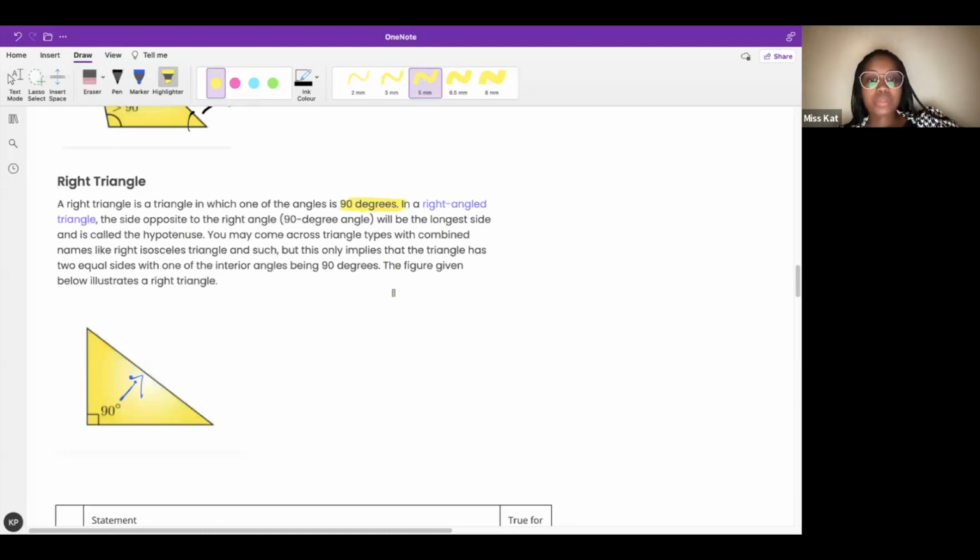And I see everyone putting in the Pythagorean theorem in the chat for me. Onalo says the two other angles are complementary. Yes, they are, because they have to add up to 90 degrees. We don't necessarily know that they are 45 unless it's an isosceles triangle. But we do know that they are complementary because they have to add up to 90 degrees.